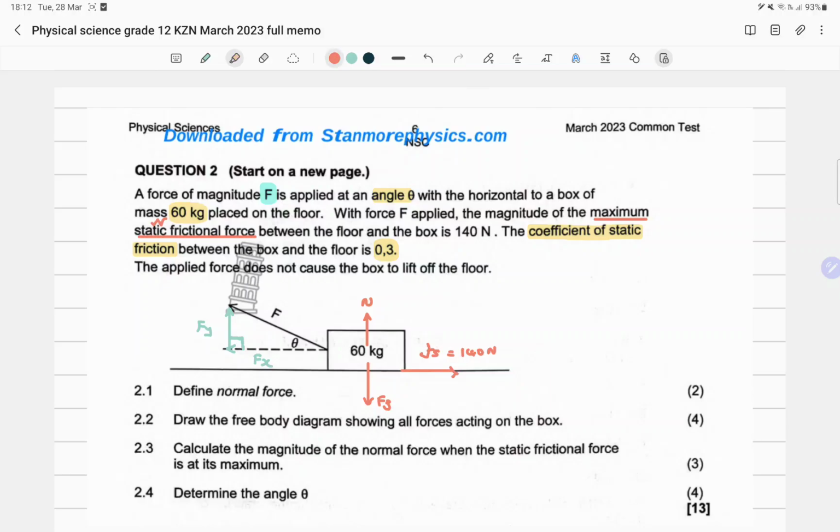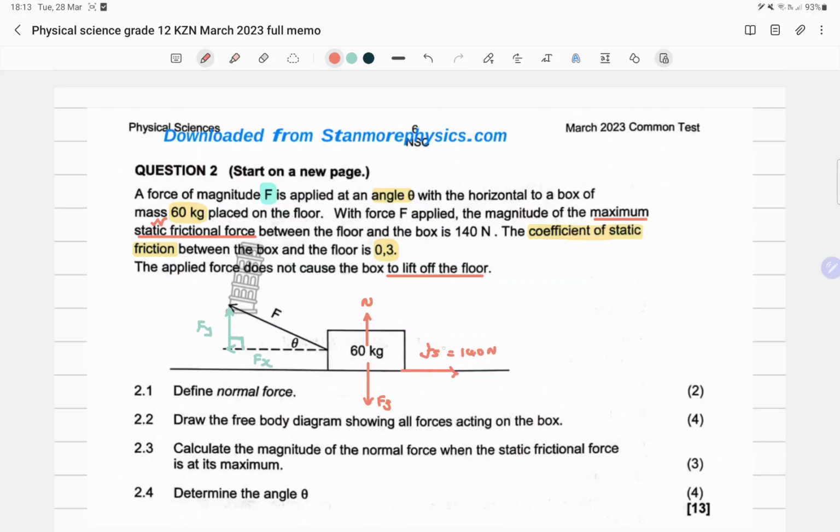And then it says the applied force does not cause the box to lift off the floor. Okay, that is additional information, because that is exactly what is happening. So this is suggesting that the forces acting perpendicular to the horizontal are essentially not moving this object in any of the vertical directions, meaning up or down.